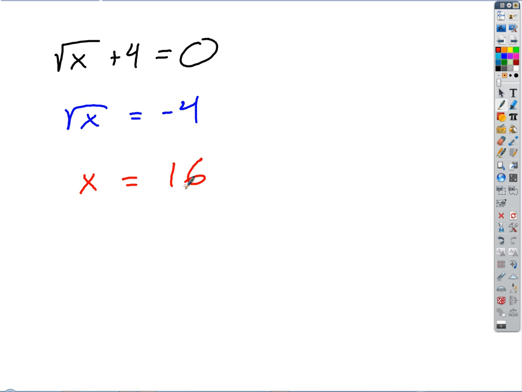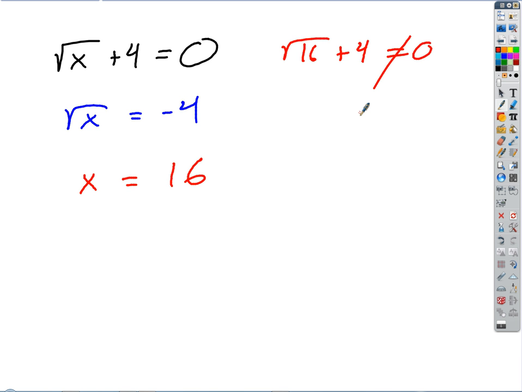Okay, you see why it's not plus or minus? It's plus or minus if you square root both sides. Okay, so let's check it and see. If I plug that back into the original equation, I get square root of 16 plus 4 equals 0. That's not true, is it? It is the negative, but there isn't a negative. So the answer is no solution.